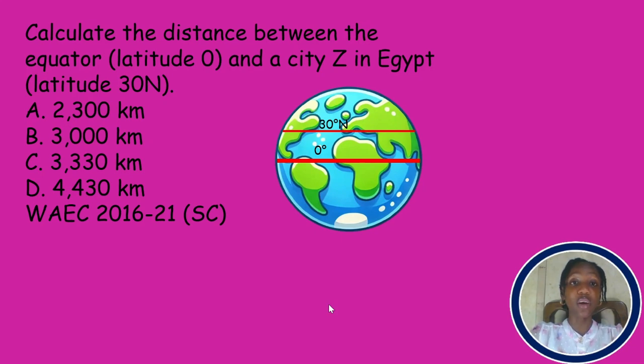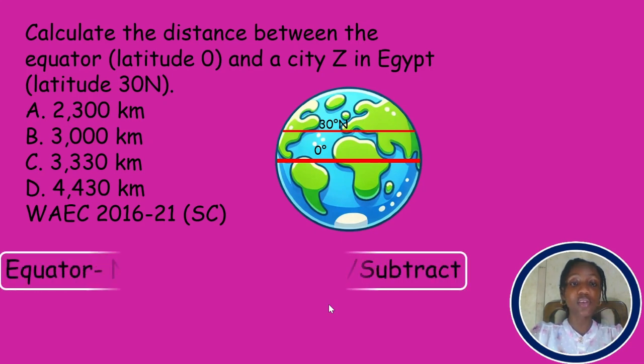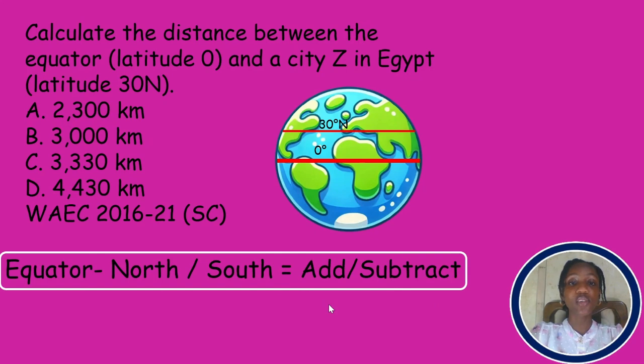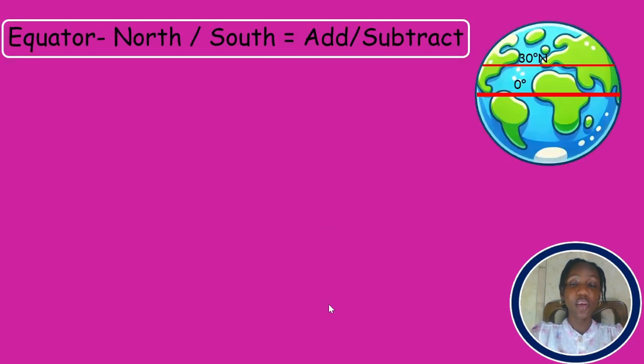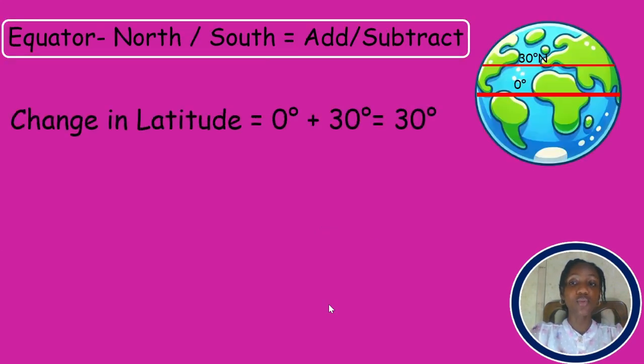So in all cases, you may not be as kind to get a question like this. So the principle I gave you earlier for the scenario relating to this question is add or subtract. In this case, we are going to add them together, and this is what happens with most equator questions. You can just ignore the subtraction part because when you do that, you are still going to get the same answer, just that your answer is going to be negative.